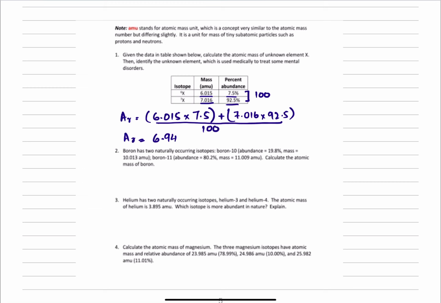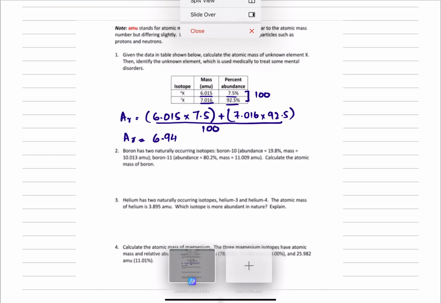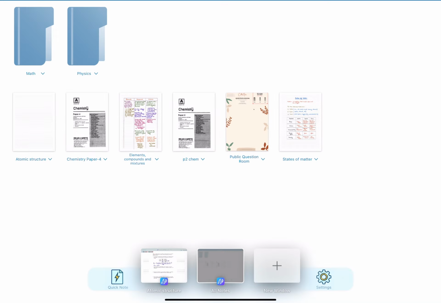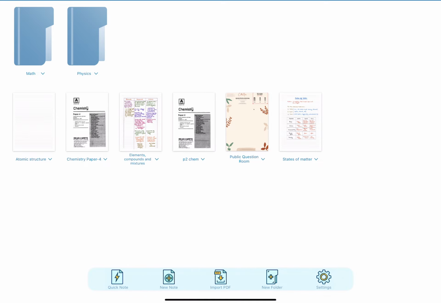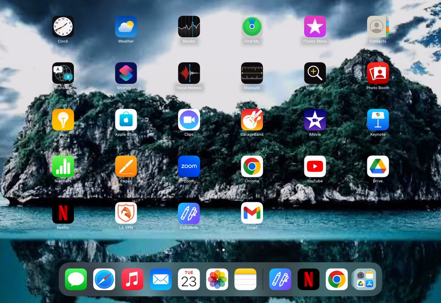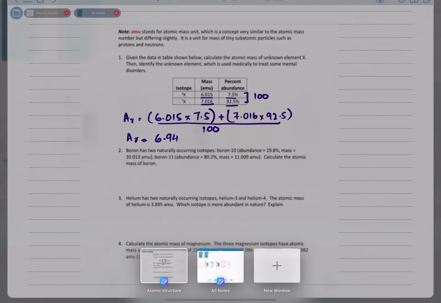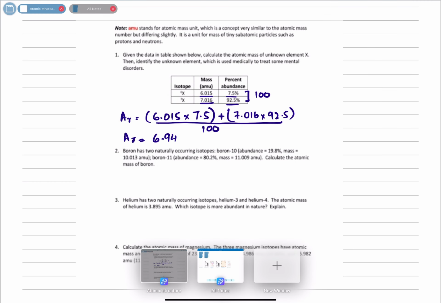When I look at the periodic table, I will get the identity of element X. I'm going to compare the AR 6.94 with the elements.